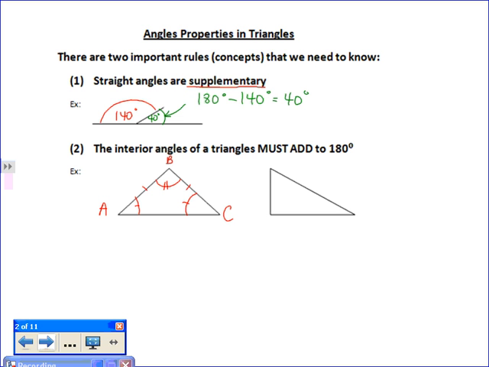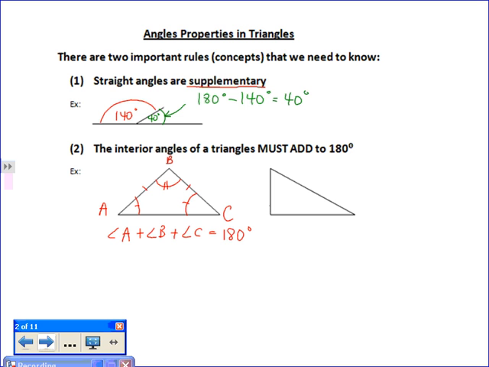But regardless, it doesn't matter whether it's an acute triangle, an isosceles triangle, or an obtuse triangle, as long as we remember the rule that the three angles of a triangle must equal 180 degrees. So angle A plus angle B plus angle C must add up to 180 degrees.